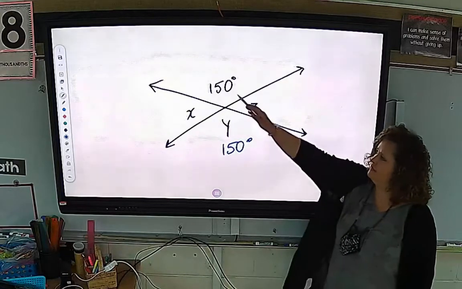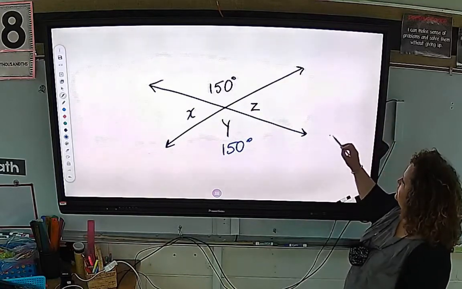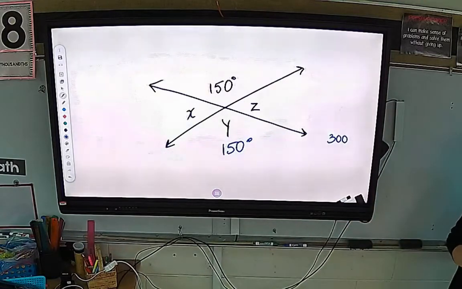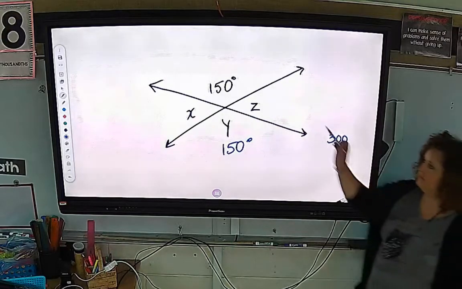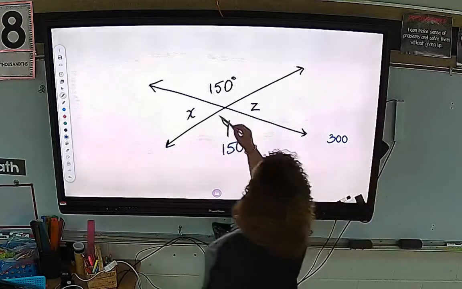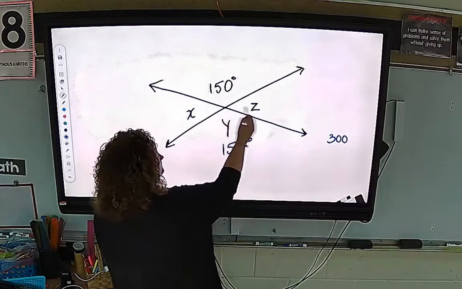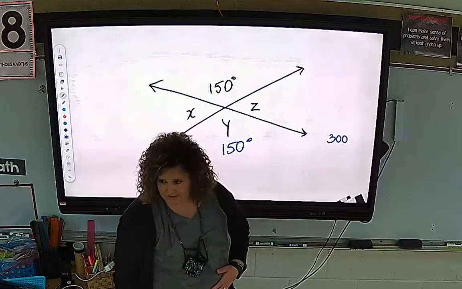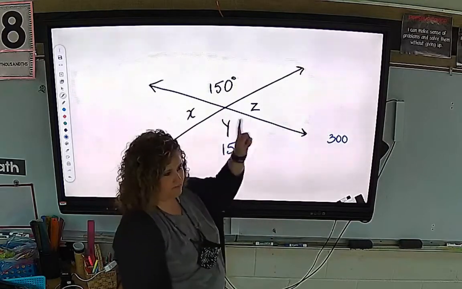If these two together make 300, and they do, what else do I know? The total is 360. So that means these two make 60 together. Is that right? Okay. So what have I got to do to that 60 to figure out what one of them is, not both of them?